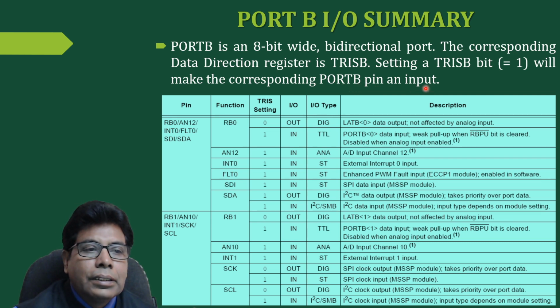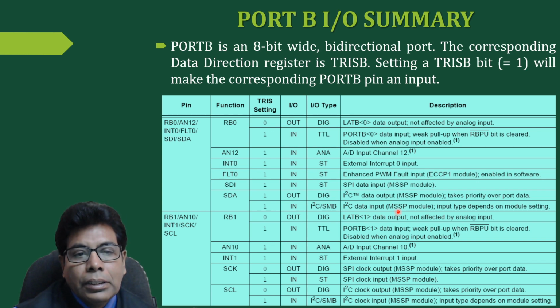So here in this case we are going to use the pin RB0, or we call it in this case its function is SDA. So when it is used as input, you can see the IO type is I2C, and here the function will be I2C data input in MSSP module.